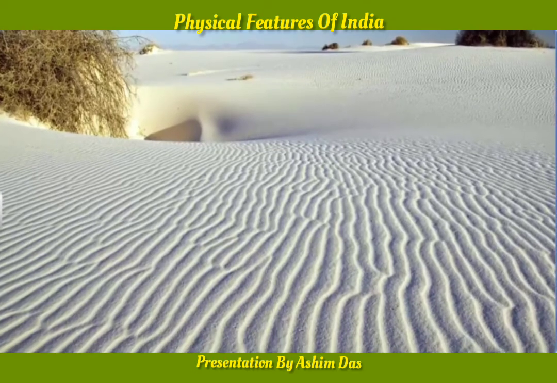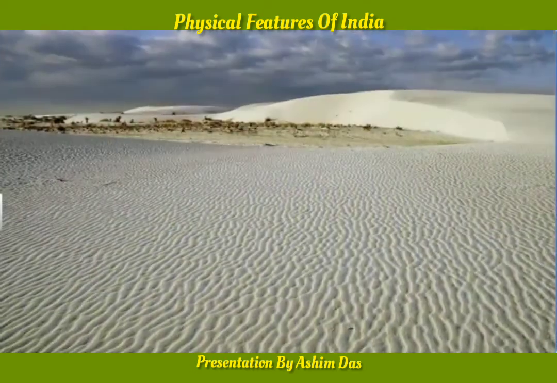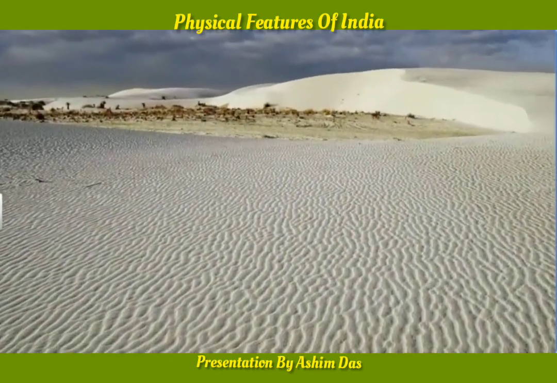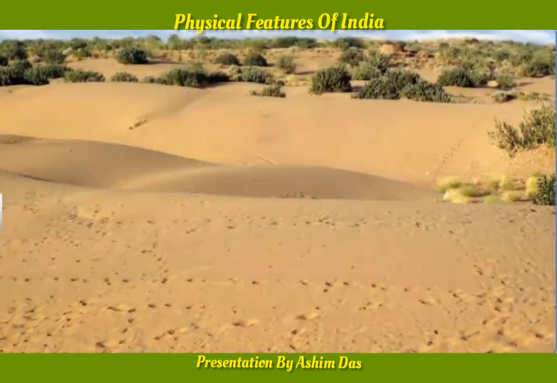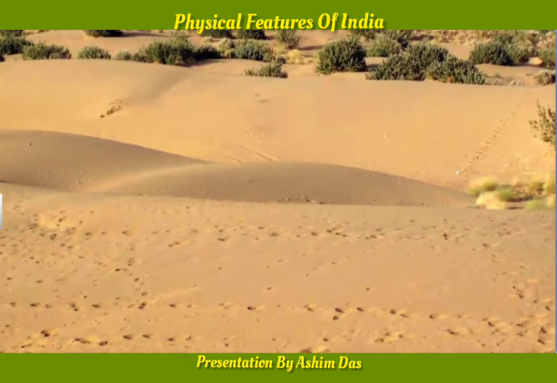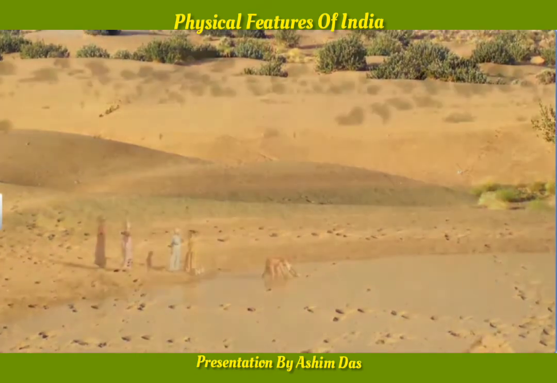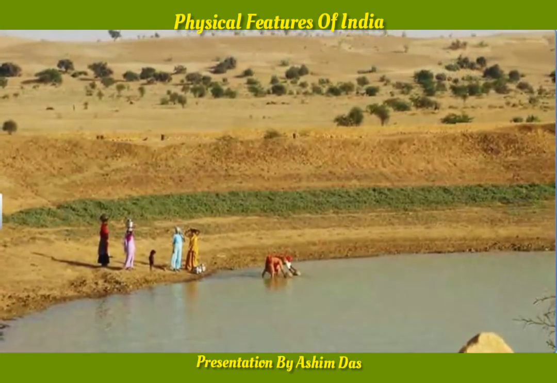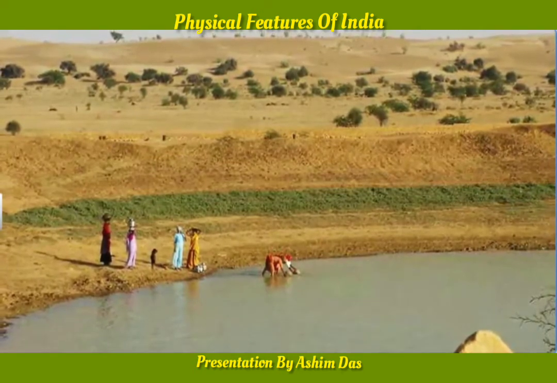Understandably, the arid climate is not suitable for plants to grow. Therefore, the vegetation cover in this region is sparse. During the rainy season, though, some streams do appear.